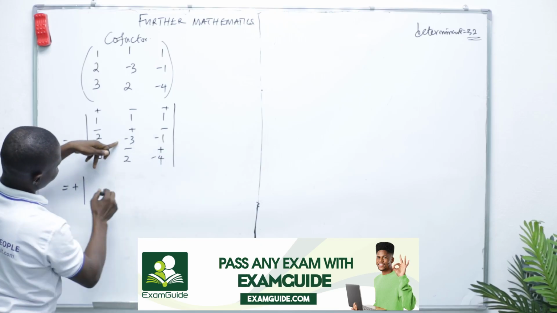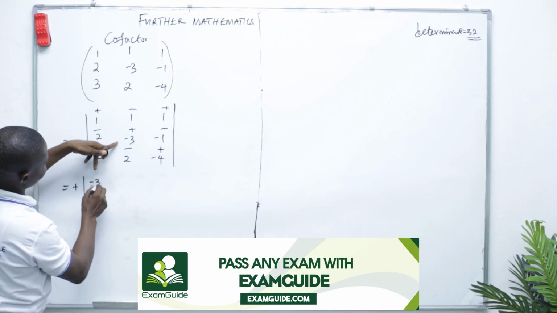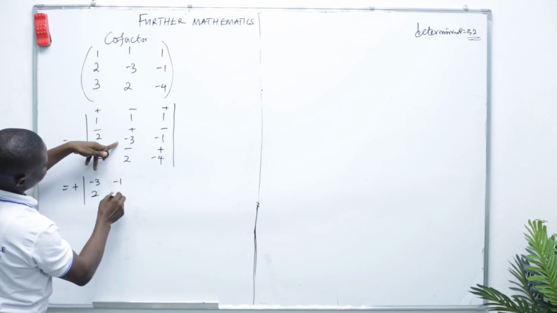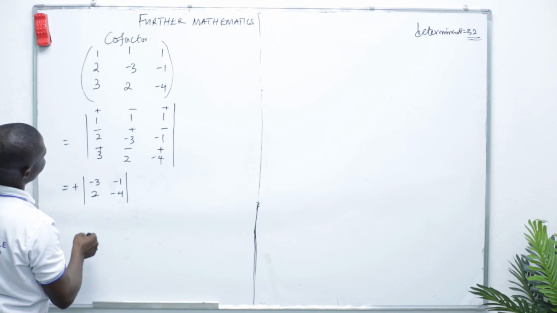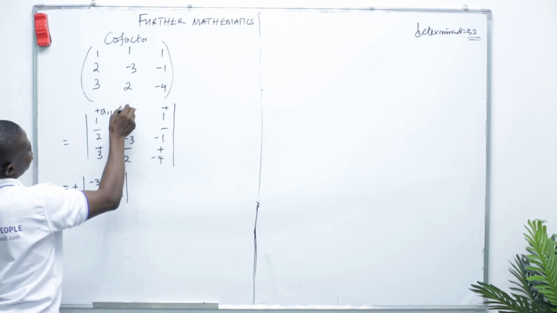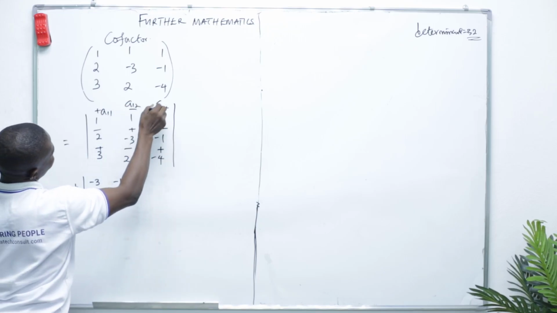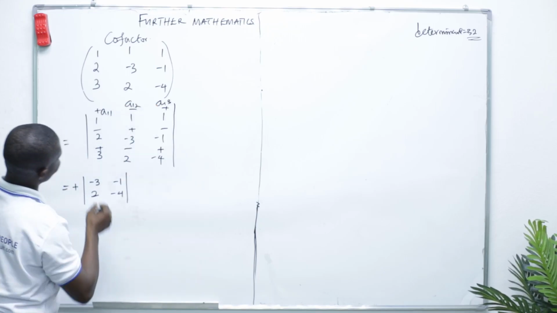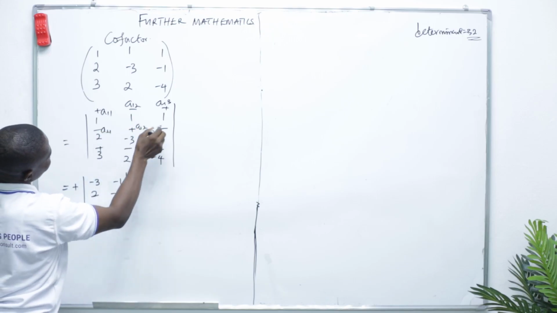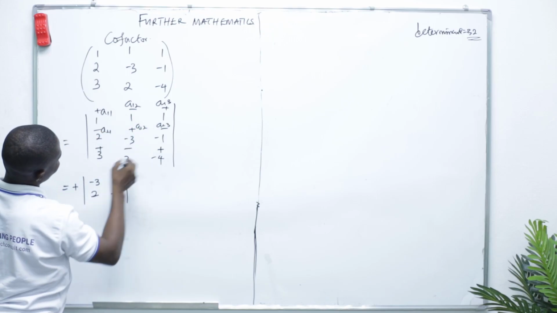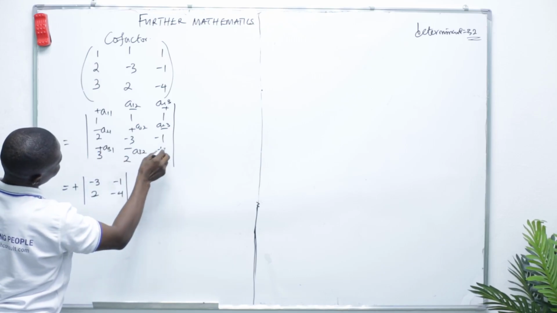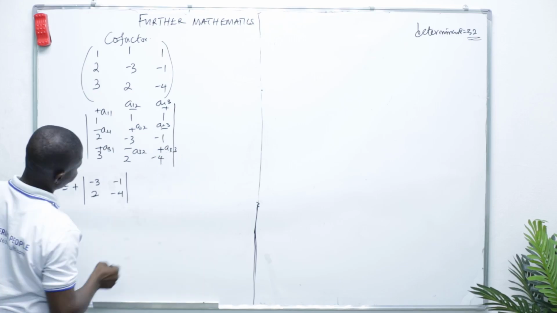I will have minus 3, 2, minus 1, minus 4. So it is important I label A11, A12, A13, A21, A22, A23, A31, A32, A33.